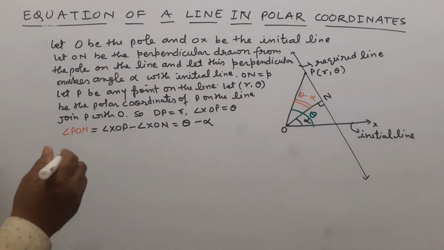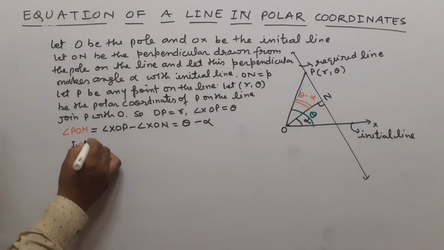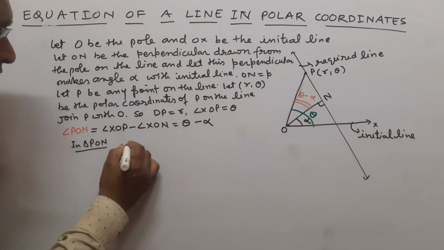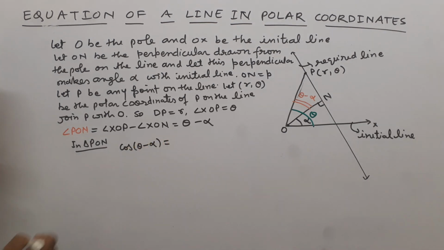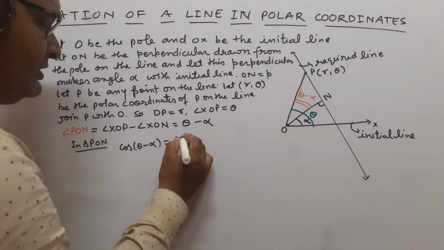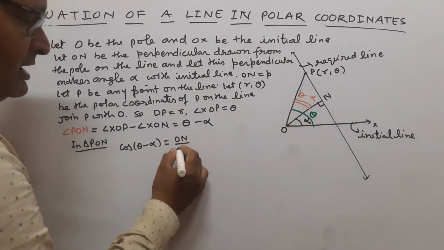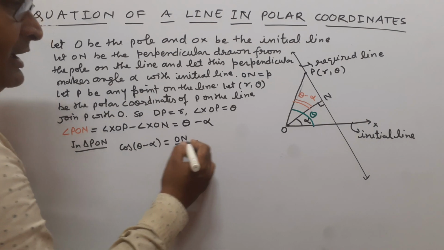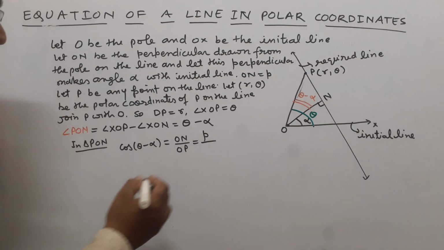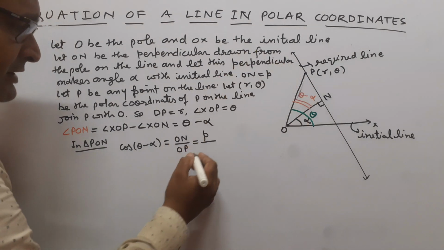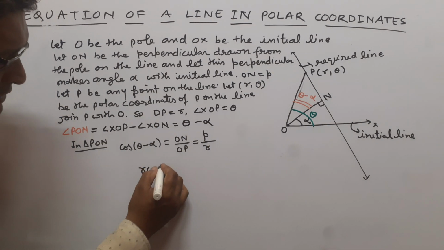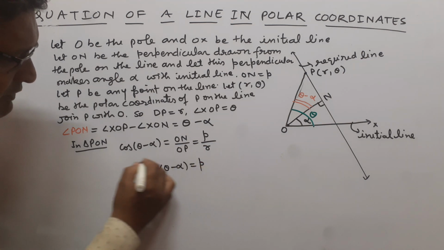In triangle PON, which is a right angle triangle, we find cos of theta minus alpha, which is base upon hypotenuse. ON is the base and OP is the hypotenuse. ON is the length of perpendicular, which is equal to small p, and OP is the radius vector small r. So from here we can write r cos(theta minus alpha) is equal to P.